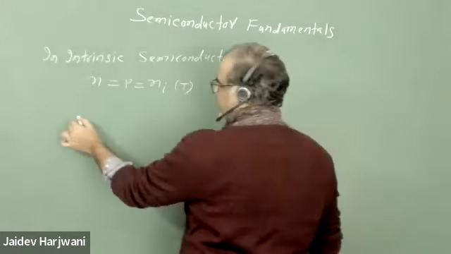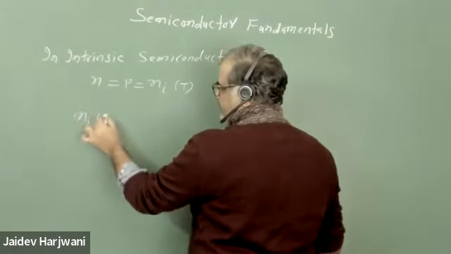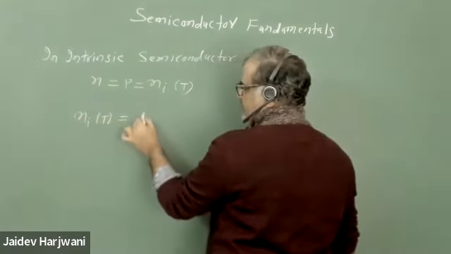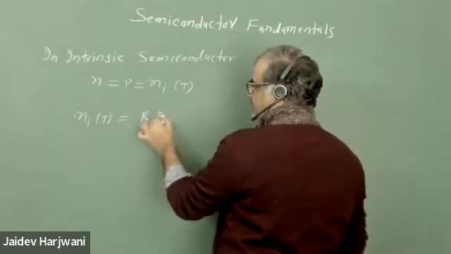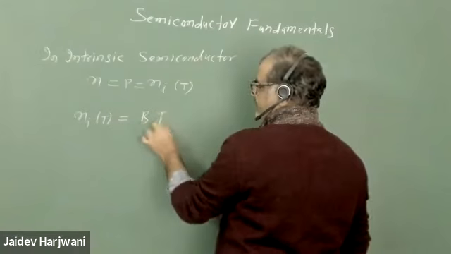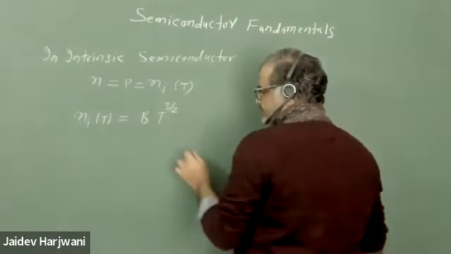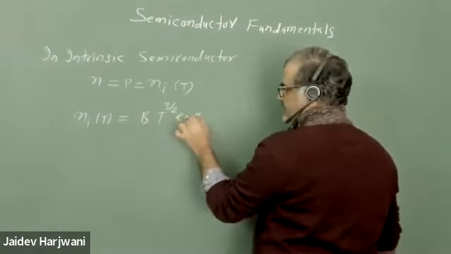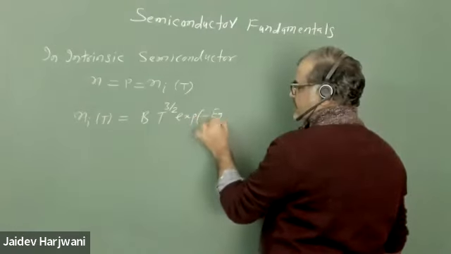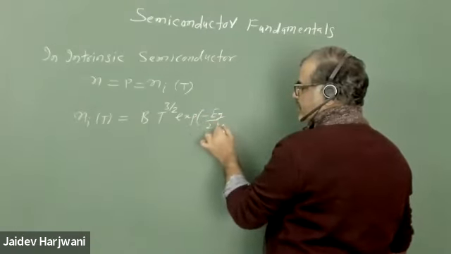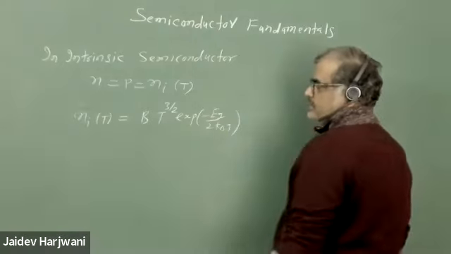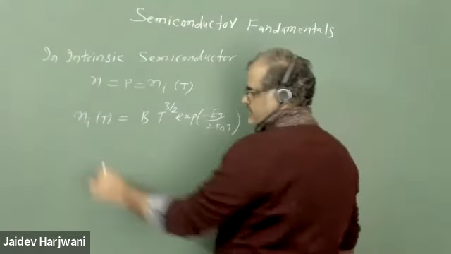So if I write ni as a function of temperature, we have seen this comes out as T power 3/2 exponential minus Eg upon 2 kBT. So this was the intrinsic carrier concentration.